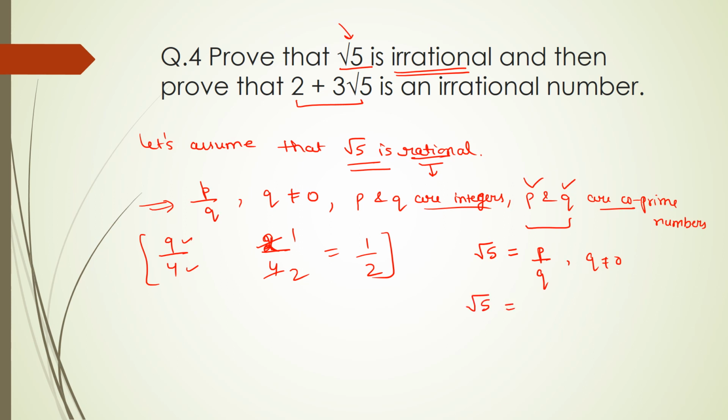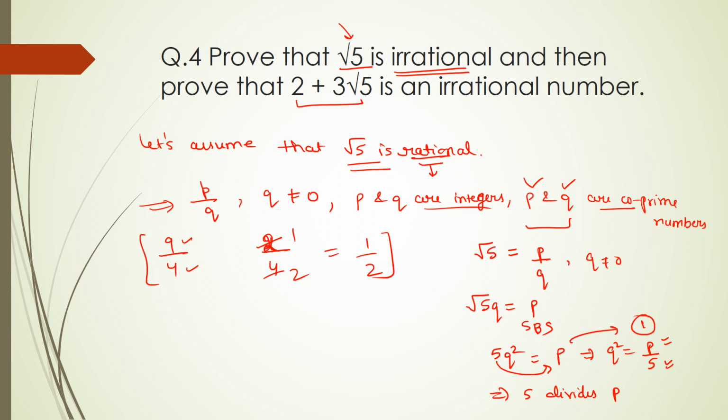Now, can I take q to the left hand side, and then squaring both sides, it will give you 5q square equals p square. Correct? Now you can see if you take this 5 to the right hand side, this will give you p square by 5. That means 5 divides p square. Correct? 5 divides p square. Let's assume this is the first equation.